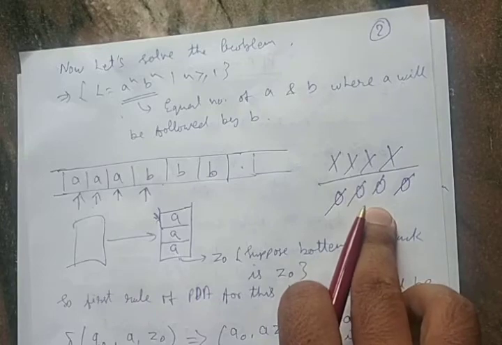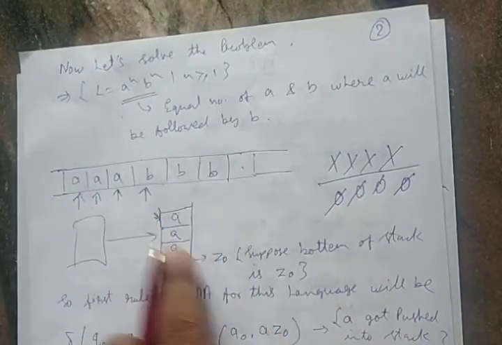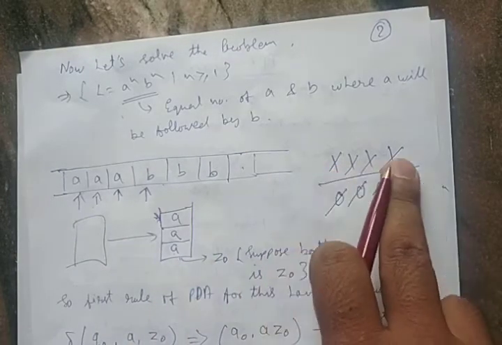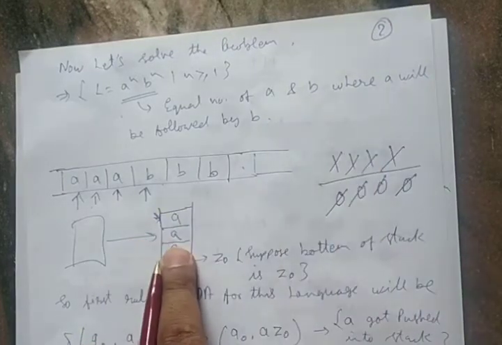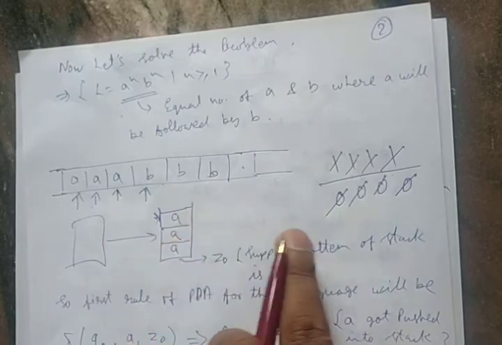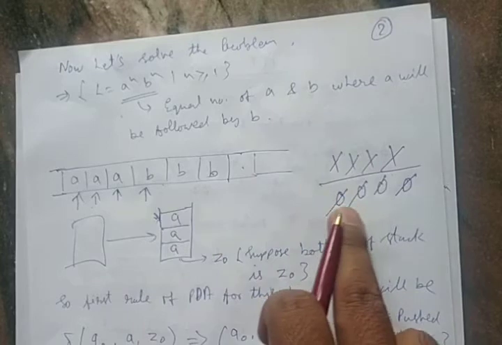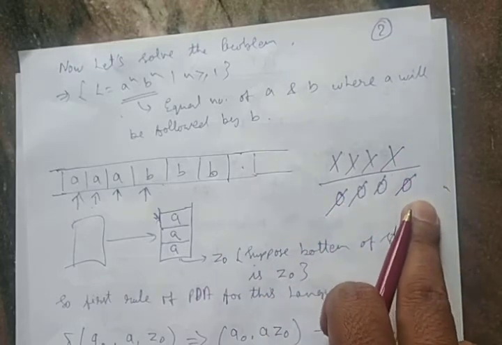The same fundamentals have been used to design pushdown automata. Here, for every 1 we insert into the stack, and for every 0 we pop 1 from the stack until we get the final thing, or both get null.